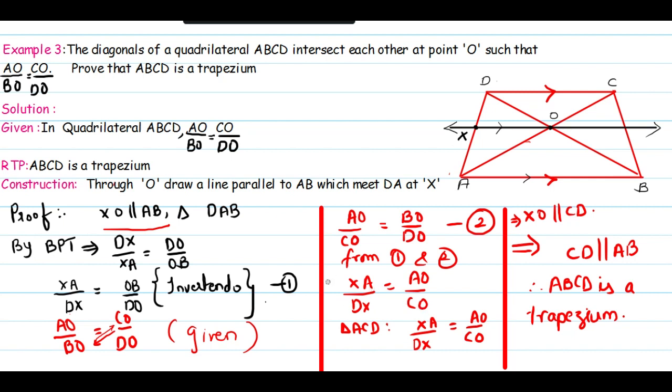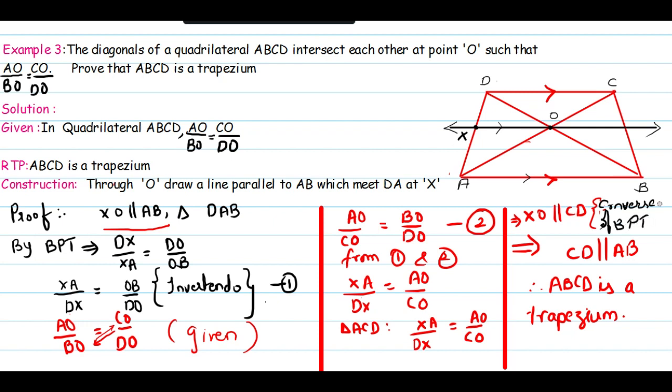This actually is from the triangle ACD. So, look at this, XA by DX is equal to AO by CO. So, we can apply the converse of BPT. What did we apply here? The converse of BPT.